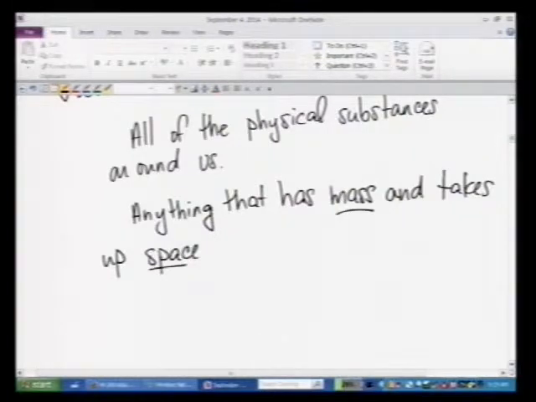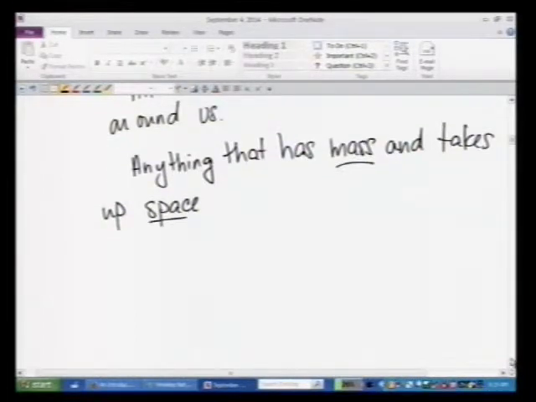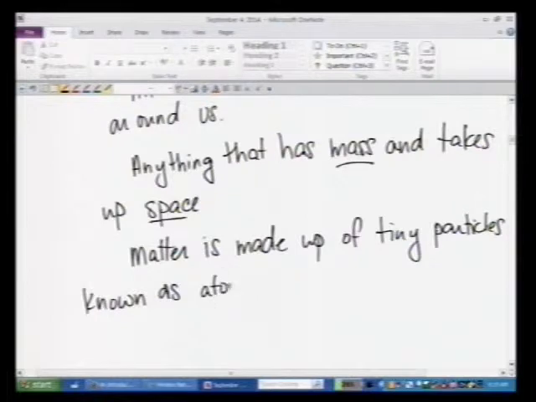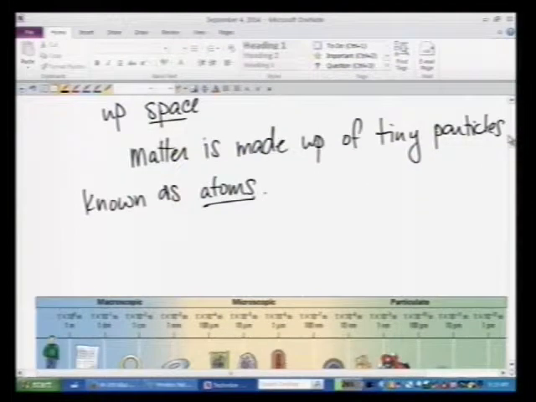Okay, so anything with mass and space. And matter is made up of tiny particles known as atoms, which hopefully you're familiar with, or you've heard of atoms before.